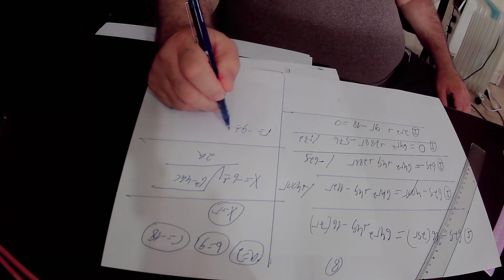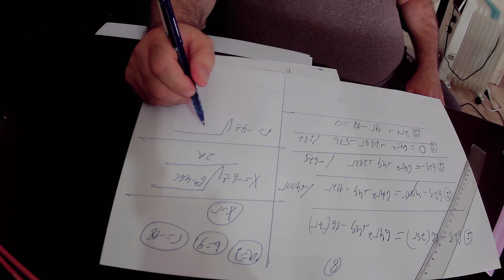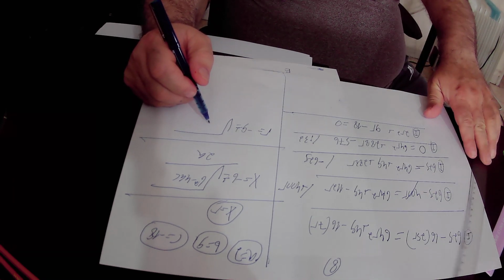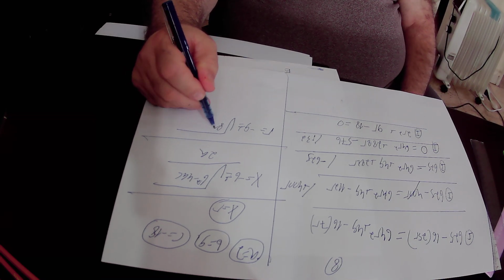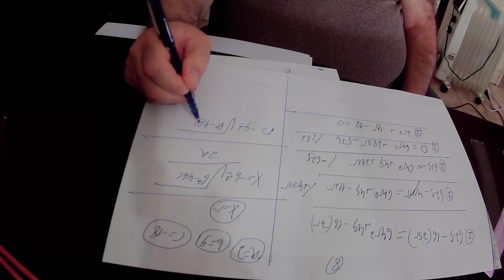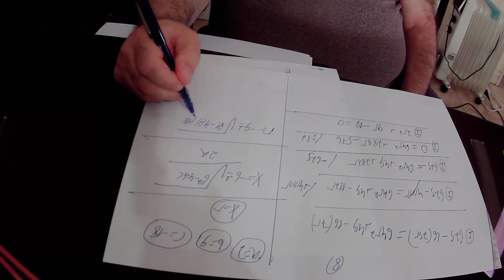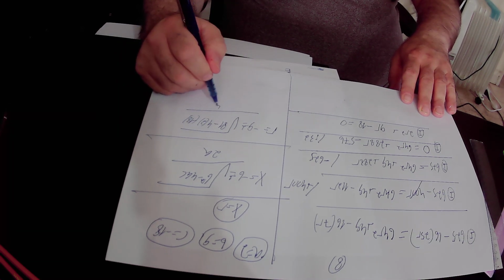Plus minus the square root of b squared. b equals 9, so b squared is 9 squared, that is 81. Minus 4 times a, which is 2, times c, which is minus 18, all divided by 2 times a, which is 2, so 2 times 2 is 4.